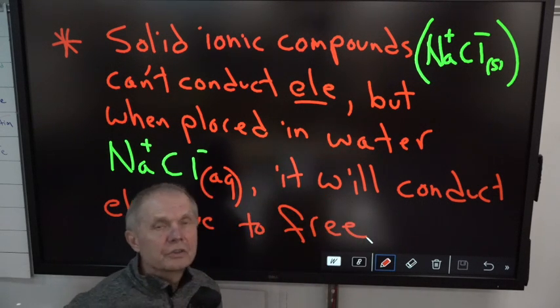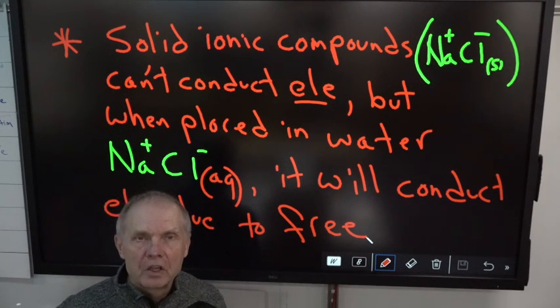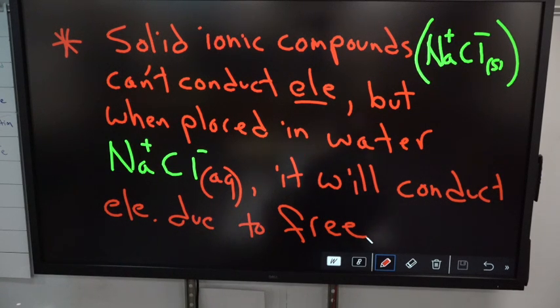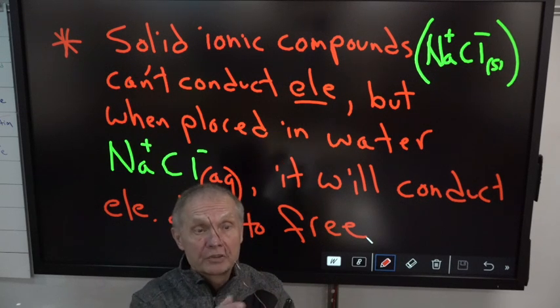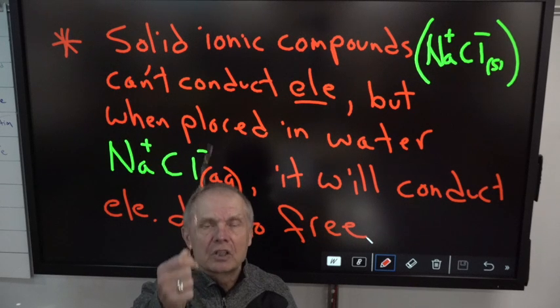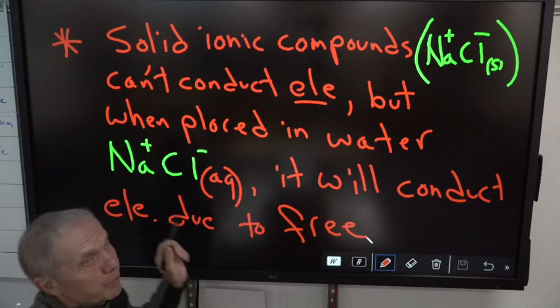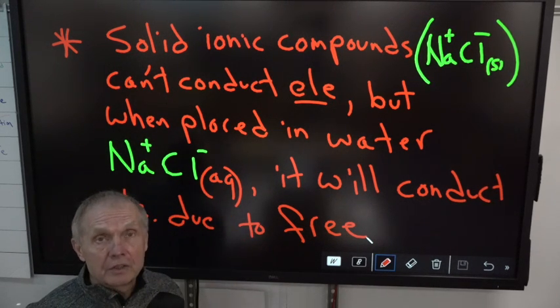Now here is the most important part. Why, if you put a salt in water, will it conduct electricity? Well, you know this. Metals conduct electricity because they have free electrons. They don't want their valence electrons, so they're free to move. Then why would putting salt in water make that solution conduct electricity?